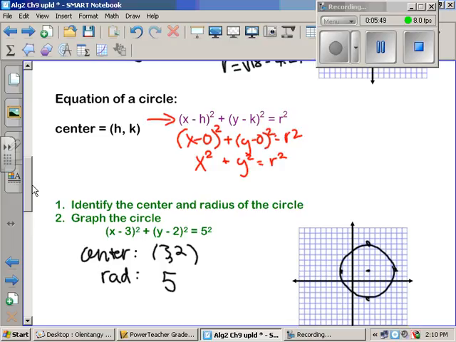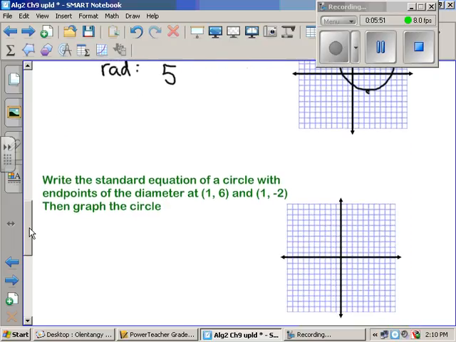Now, what if I give you some information and I ask you to write the equation of the circle? Given this, write the standard equation, if the endpoints of the diameter are at 1, 6, and 1, negative 2. Well, how would I find the center?